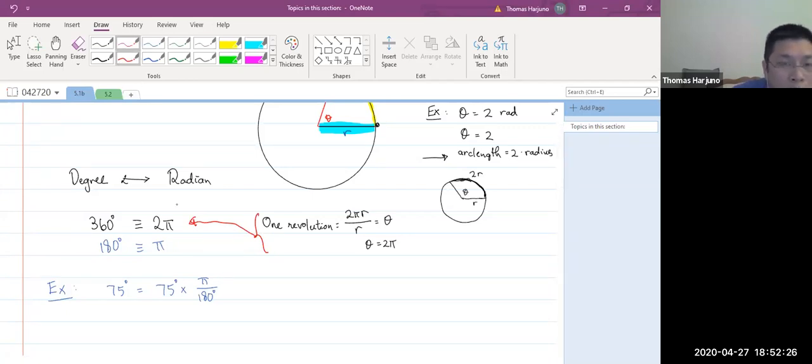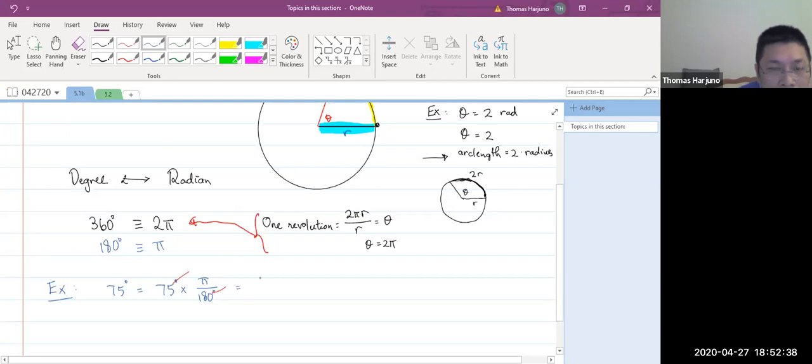When I multiply by pi over 180 degrees, the degrees cancel. I can cancel 75 and 180, reduced by 15. 75 pi over 180, reduced by 15, what will that be? 5 pi over 12.